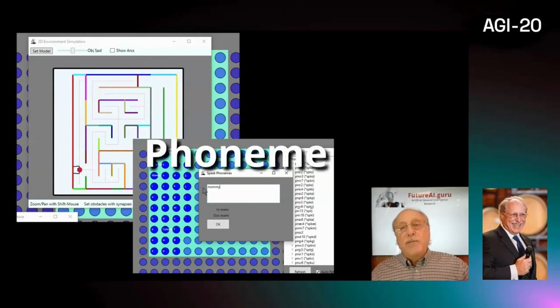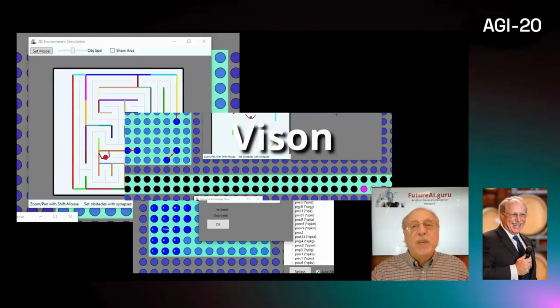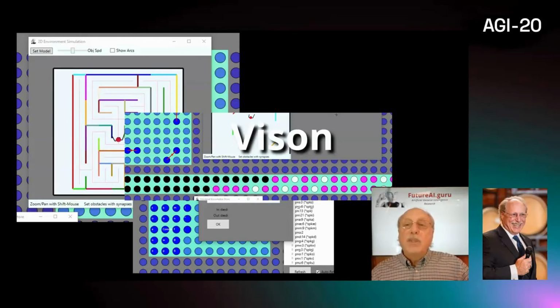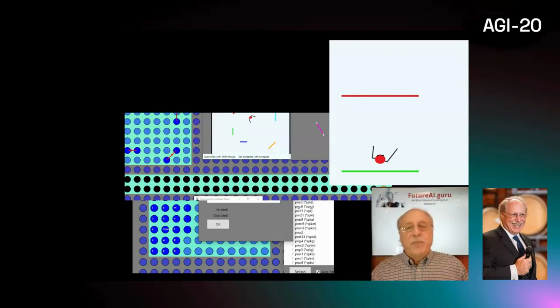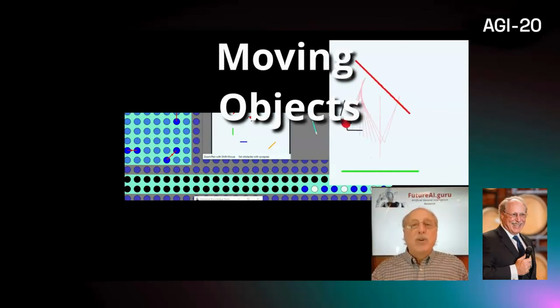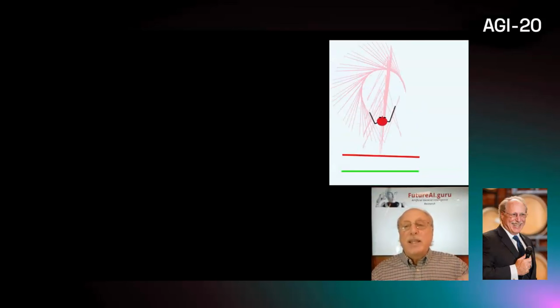Sally can learn phonemes, words, and phrases and associate words with actions or physical objects and their attributes. Sally can see objects and estimate distances with binocular vision. Sally can push an object to a goal location. The key is that these different applications share many algorithms.